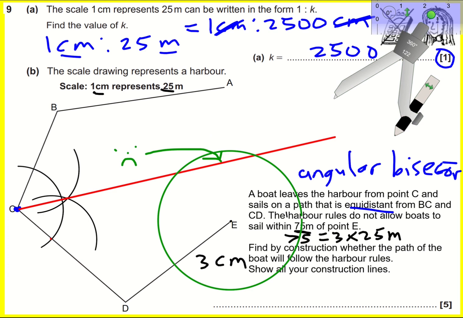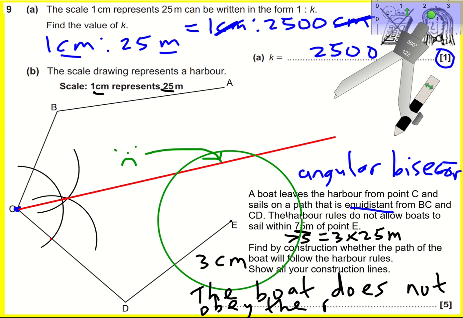So all you need to do to conclude is say that the boat does not obey the rules. Okay, we're done. We basically get 2 marks for the angle bisector, as long as it's correct, then 2 marks for the circle, and then 1 mark for this conclusion.